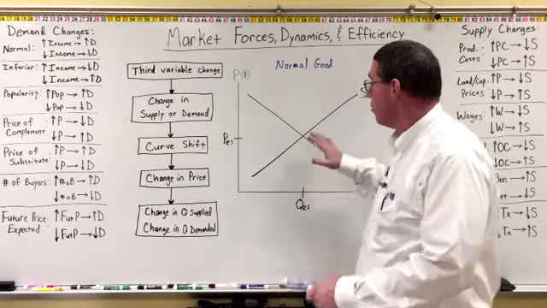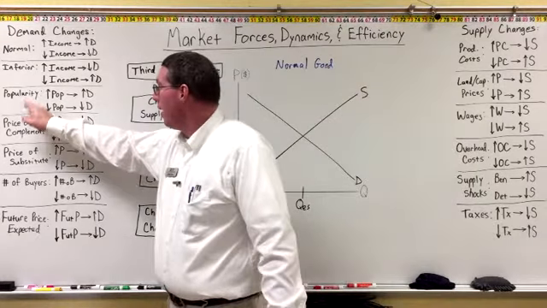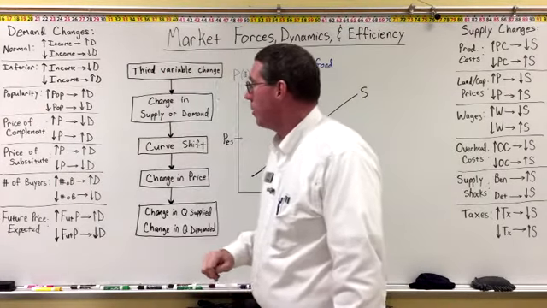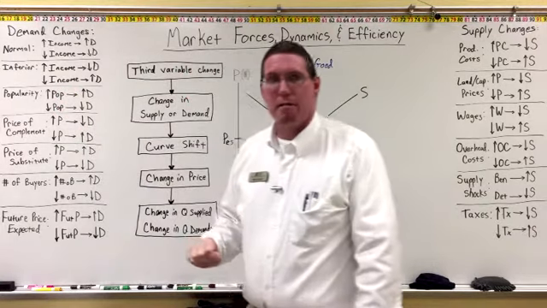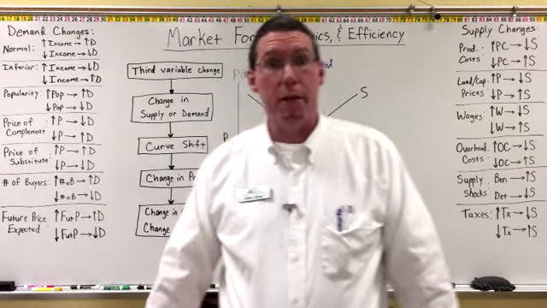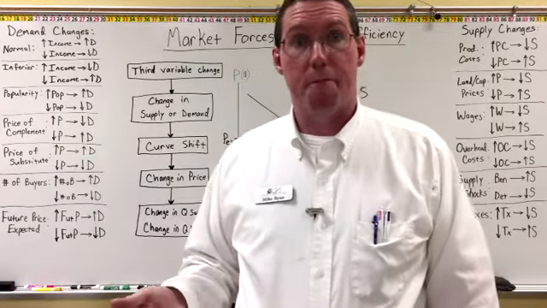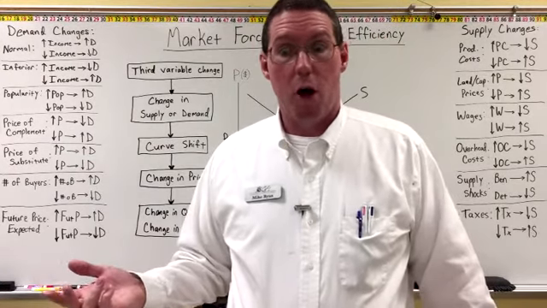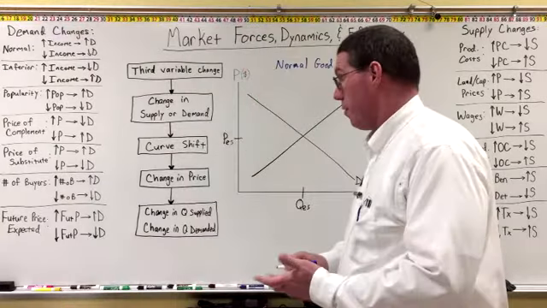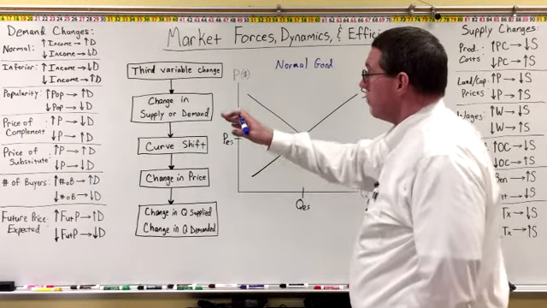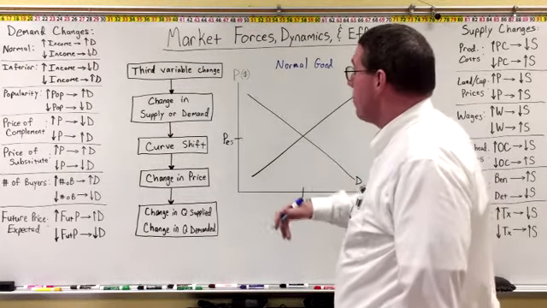So even if it's a normal good, it's still going to be affected the same way by popularity. It's not like if it becomes popular, all of a sudden people are going to buy less of it. No, you can have an inferior good that becomes very popular and lots of people want to buy it. It's just they're able to buy it on a low income, which is awesome for them. Or for me if I'm the one buying it.